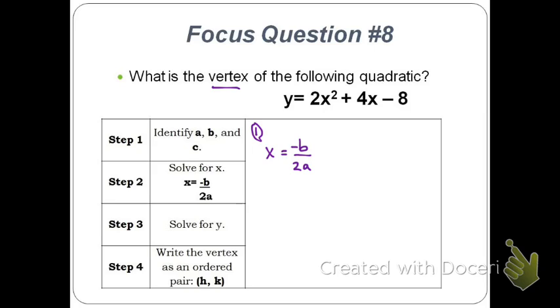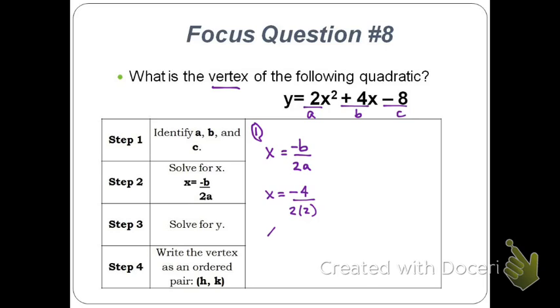Well, we have a is 2, b is 4, and c is negative 8. Alright, so looking at this, x equals negative 4 over 2 times 2.